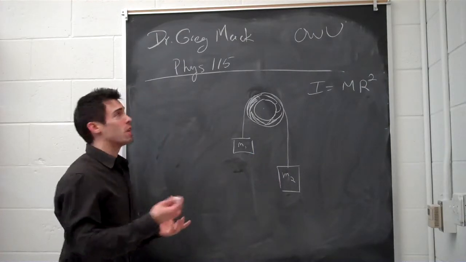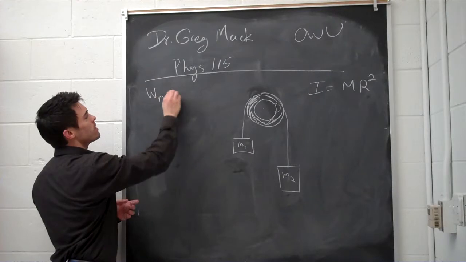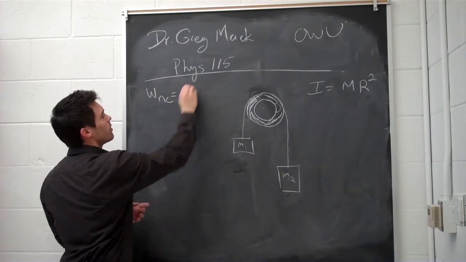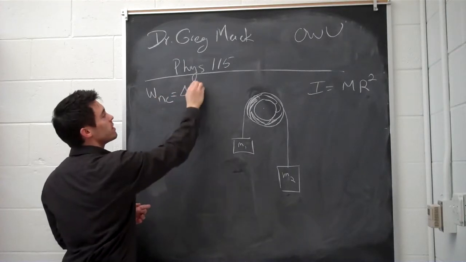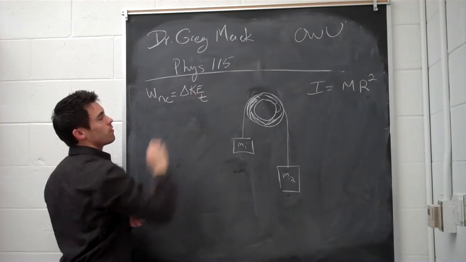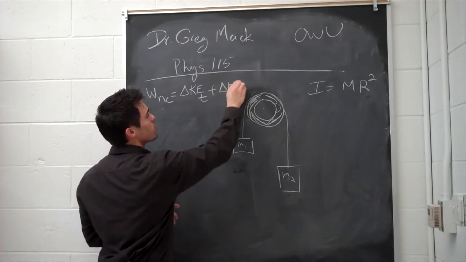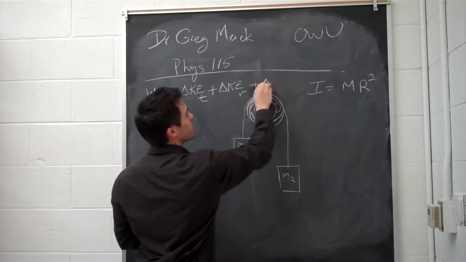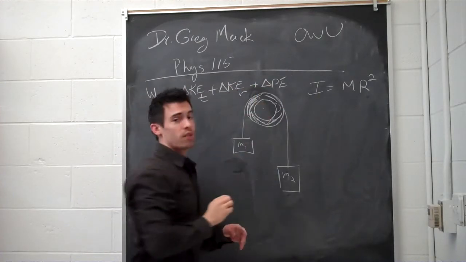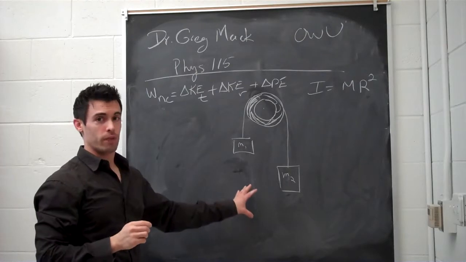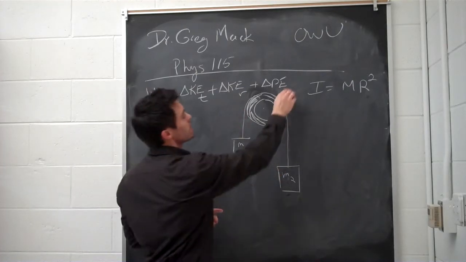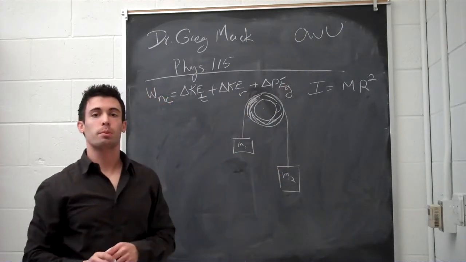And if there's no friction, remember that we have W_NC, any non-conservative work, is the change in kinetic energy for translational movement, plus any rotational motion, plus some change in potential energy. There's no spring involved here, and so that means this is going to end up being just the potential due to gravity.